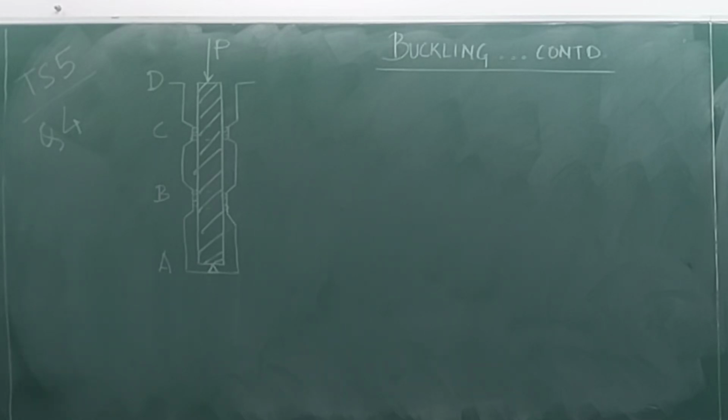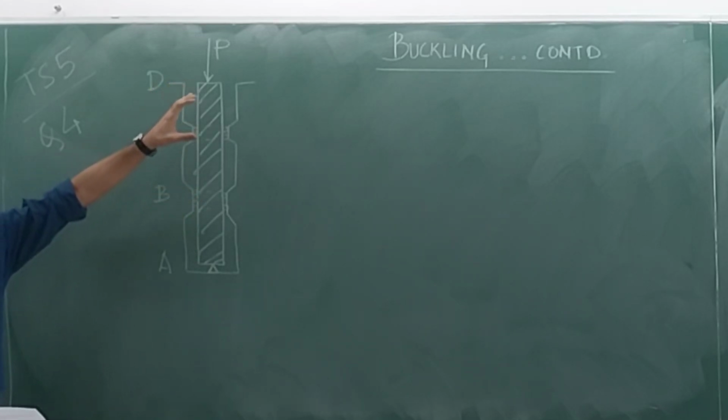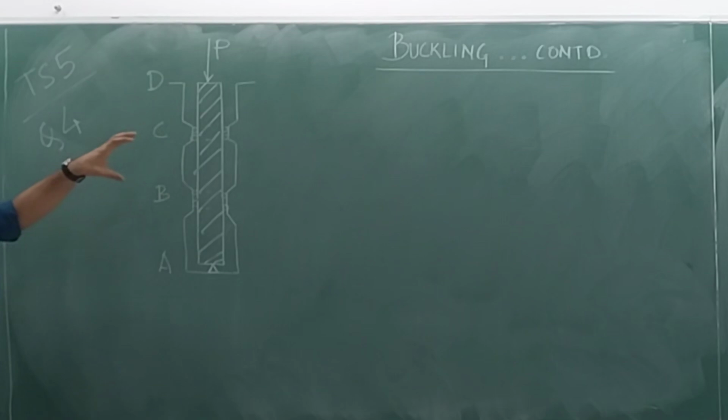You have increased your P to such an extent that all these three parts, although they are all connected, part of the same member, but because of these supports, you consider that AB is one member, BC is another member, and CD is another member. Now these different parts can individually buckle. The force P will be such that they are all about to buckle.